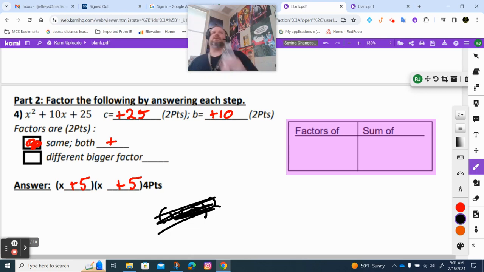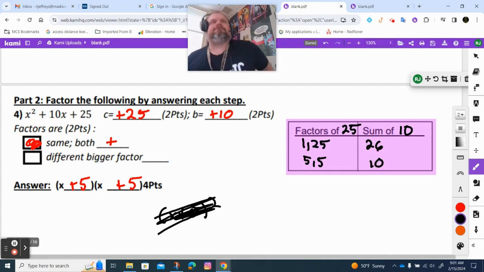But you might see it on like the ACT, some other standardized test or something. I don't know. All right. Now, 25 doesn't have that many factors. And if you're adding them, you're either going to get 26 or 10.